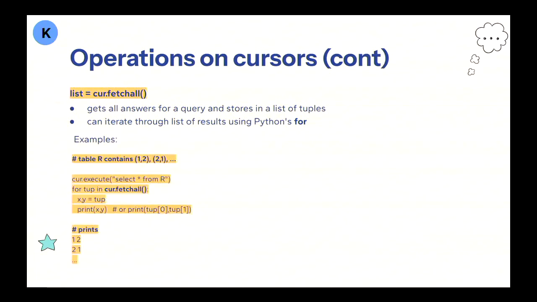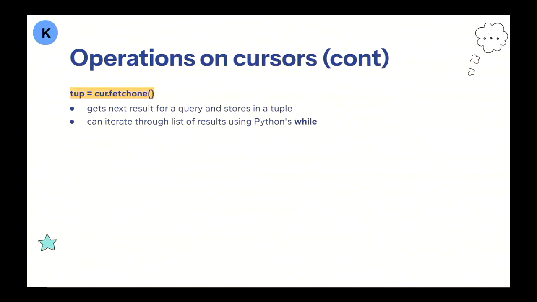After we have done a selection with the cursor here, we can use fetchall to collect a list of the tuples returned by the database. So this is fetchall, and there's another fetch function called fetchone. Fetchone is used to get the next result for a query, and store that result in a single tuple. And what if we have a list of results?